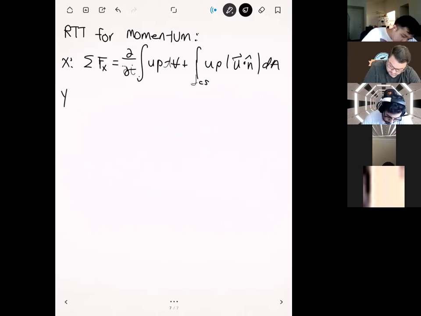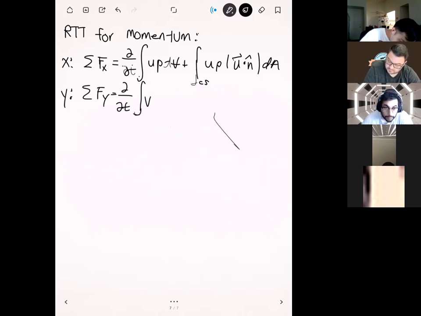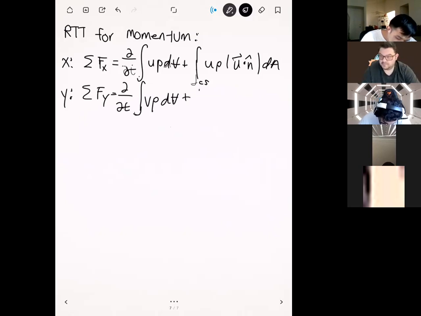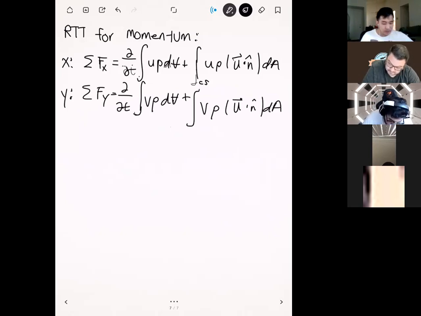That's the x direction, and now let's do the y. In the y direction, we have the sum of all the forces in the y direction is equal to partial t of the integral of rho times v, and so little v right here is the y component velocity, plus the integral of v rho u dot n hat dA.